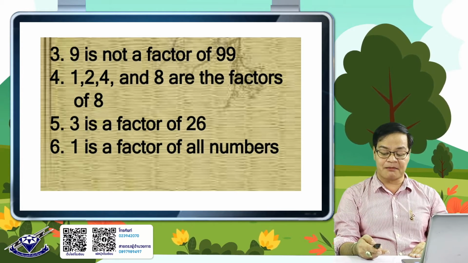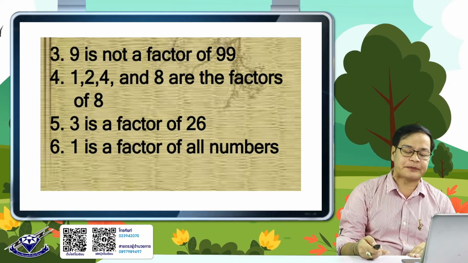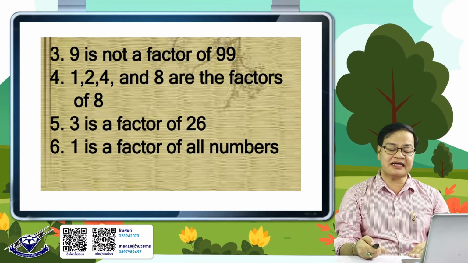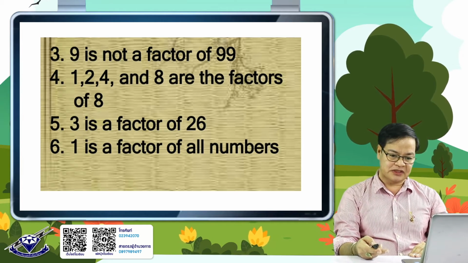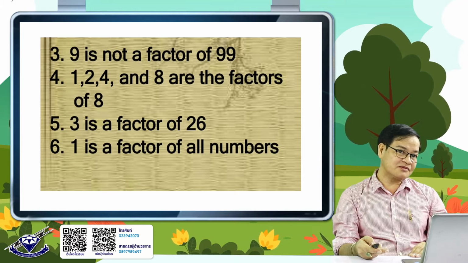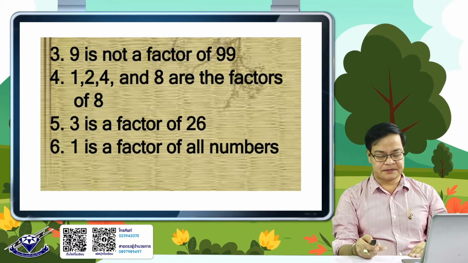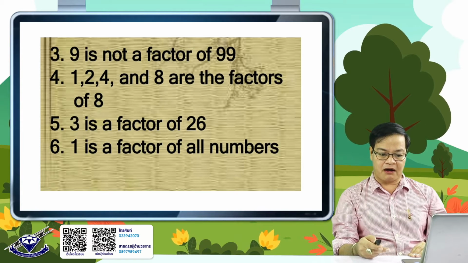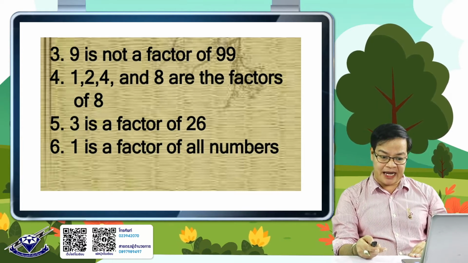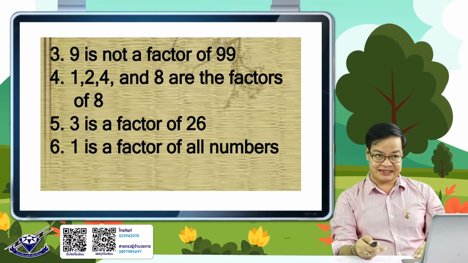What about number 5? Number 5, 3 is a factor of 26. The statement is correct or wrong? Anybody? The statement is wrong because 2 and 13 are the factors of 26.